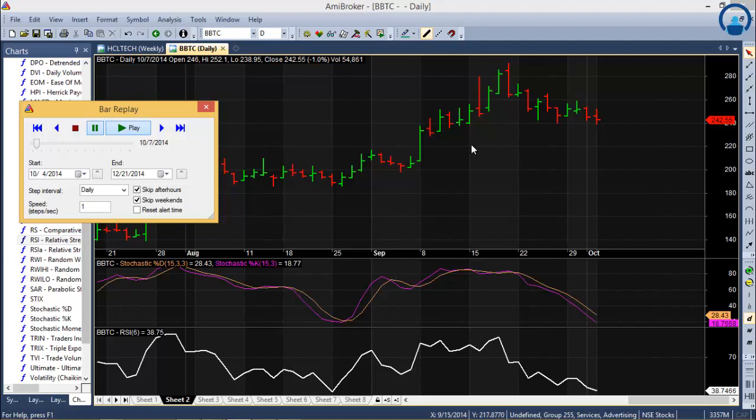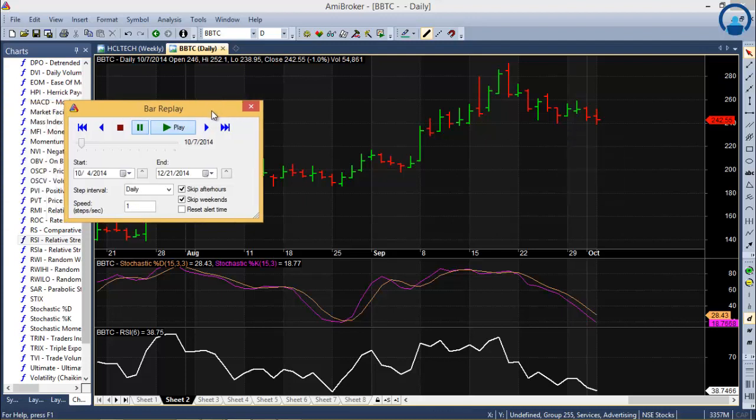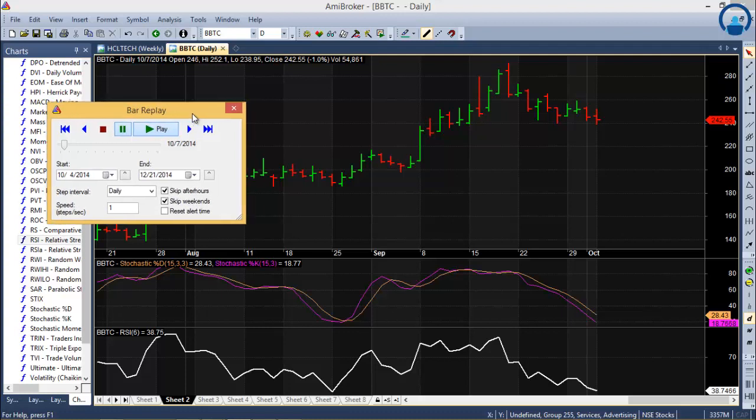In the upper panel you can see the price chart, and I am using the bar replay feature to help you understand how we could use RSI with stochastic. You can see RSI itself never works as a signal-giving indicator.